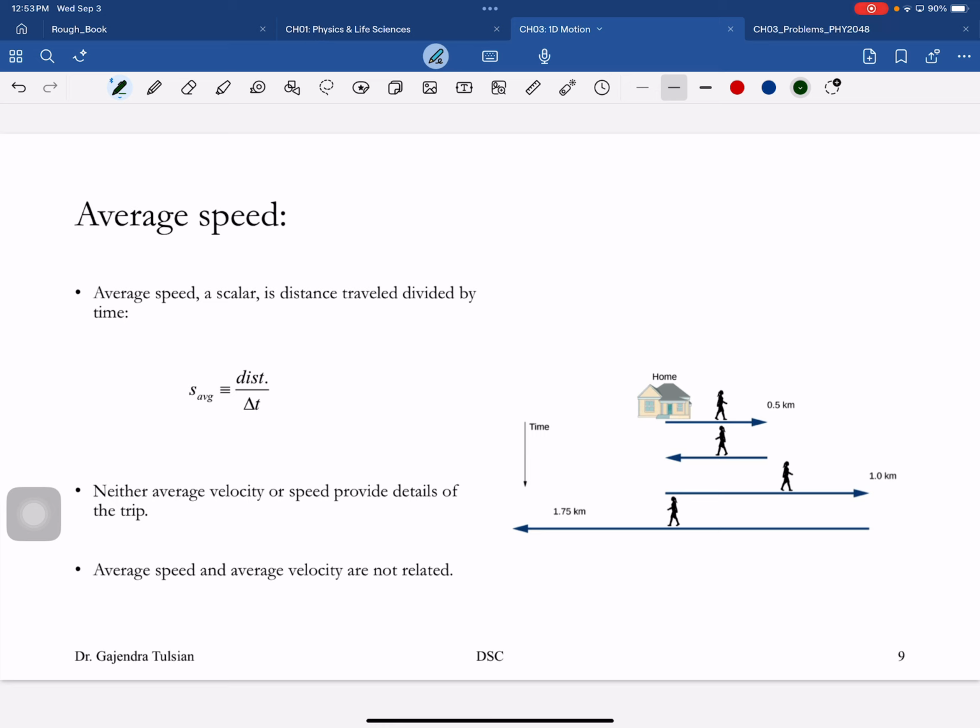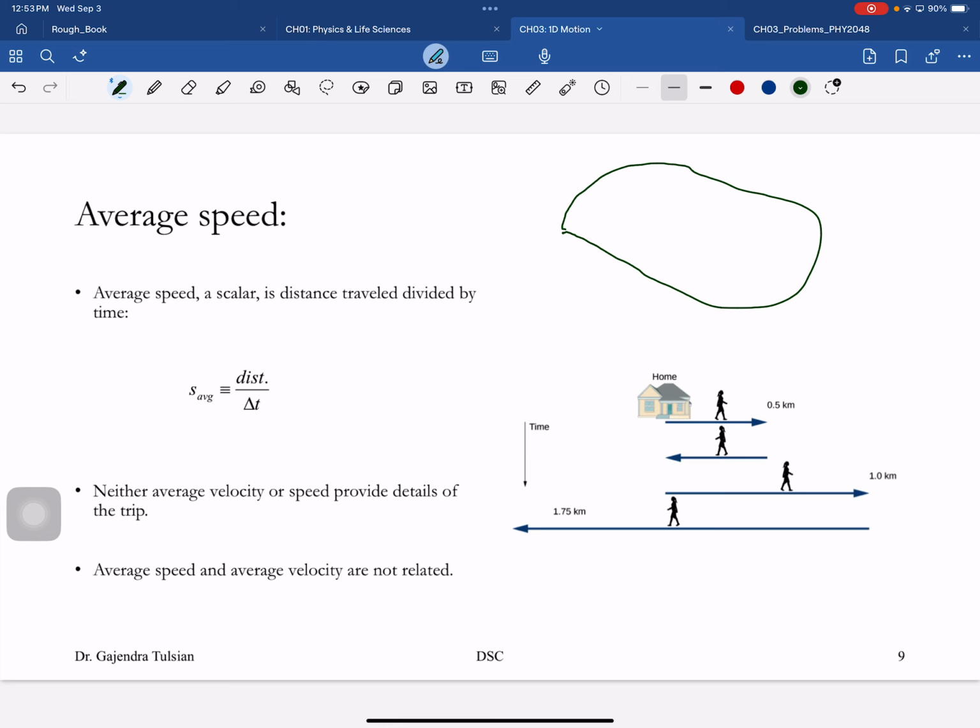All right, we'll do an example. So let's say you went to New York and came back. What was your average velocity? Let me ask the question again. You went to New York and came back. What was your average velocity? 0.